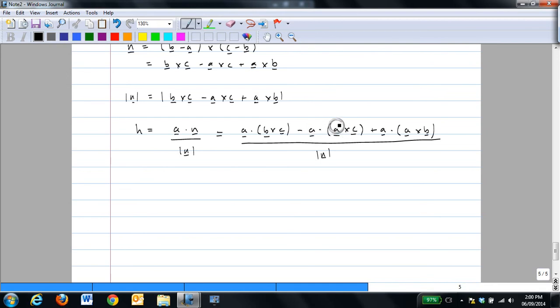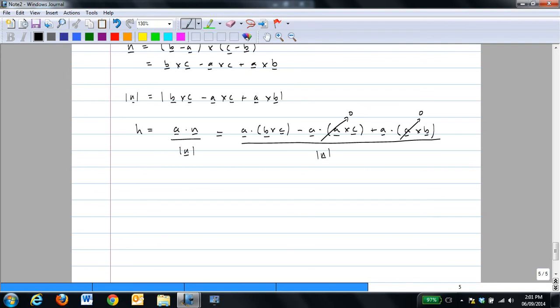So anytime you see a dot a cross c, or whatever arbitrary vector, you know immediately that this will be 0. Because the resultant vector from this cross product will be orthogonal to this, and therefore the dot product will be 0, from the formula that I wrote above which has a cosine theta, because cosine of 90 is 0. So therefore you'll always get 0.